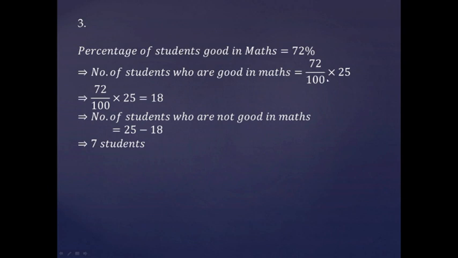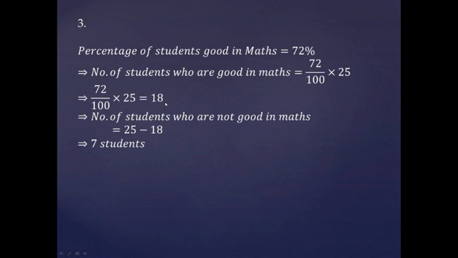So 72 by 100 into 25, if you cut it down with 25 this one time, with 25 this 4 times. If you divide 72 by 4, it will have 18. So the actual number of students who are good in maths are 18. Among 25 students, 18 are good in maths.